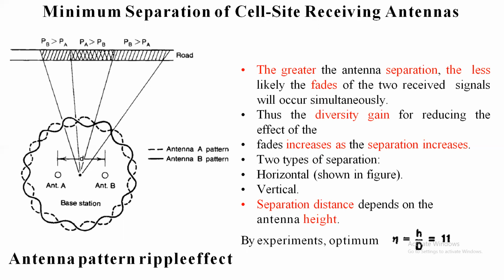It is a point-to-point predictive method by which we will predict the total coverage area of the cell, right? By using this predictive method, the antenna site selection will take place for an effective coverage area of the cell.